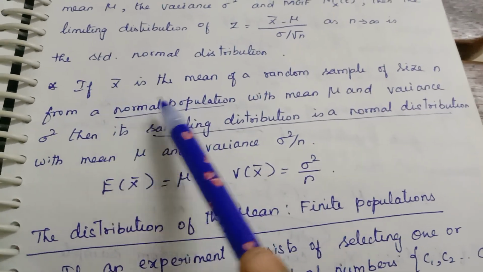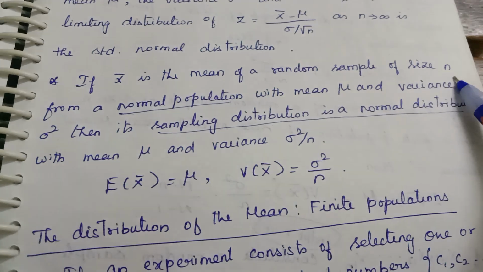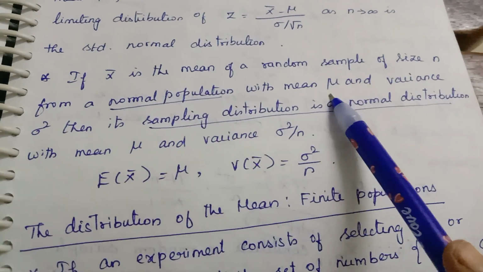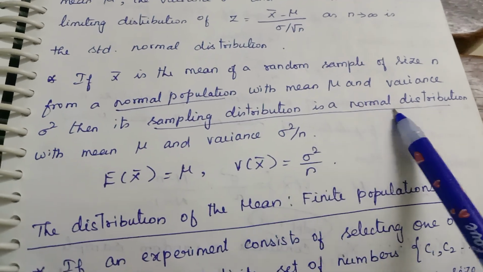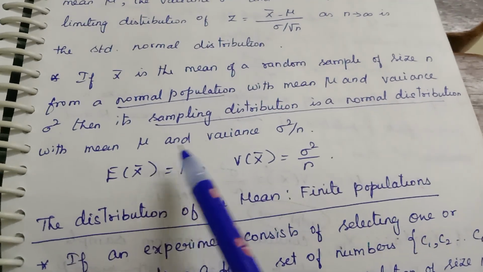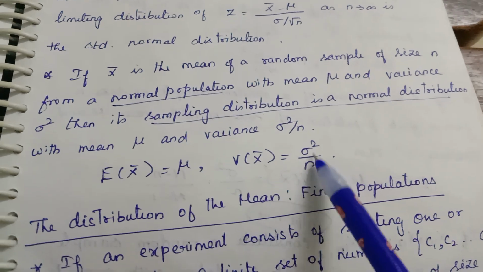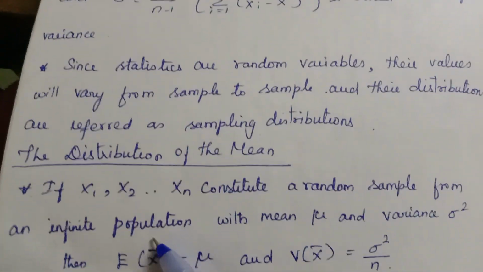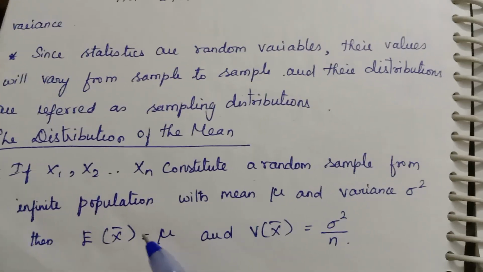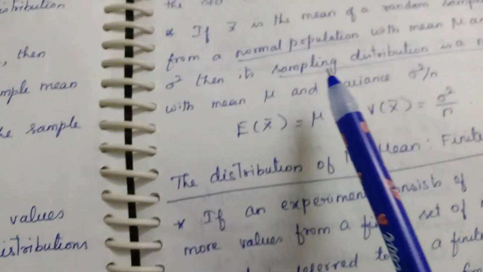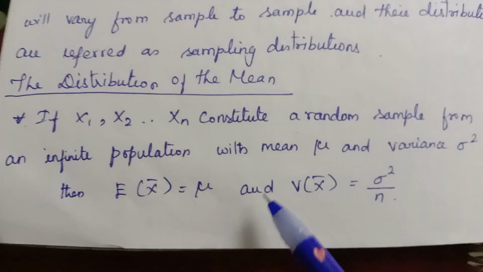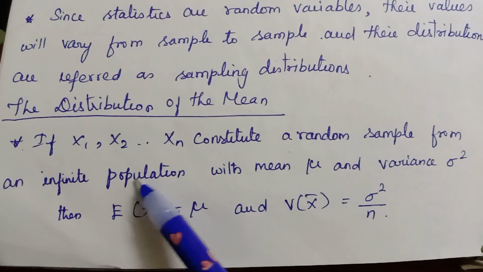Next result, if x bar is the mean of a random sample of size n from a normal population with mean mu and variance sigma square, then the sampling distribution is also a normal distribution with mean mu and variance sigma square by n. This is what we have already seen previously in the distribution of mean. The difference between the previous statement and this statement is, previously I selected the sample from an infinite population.